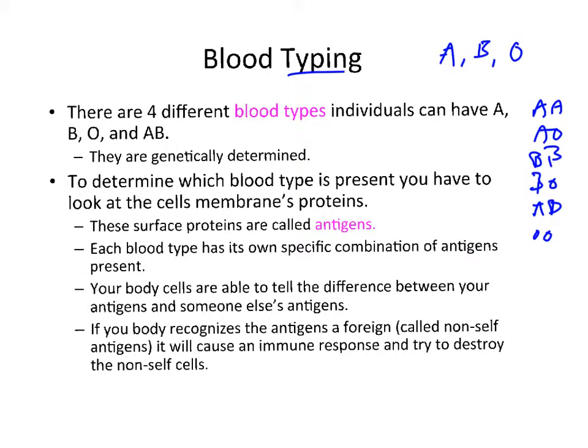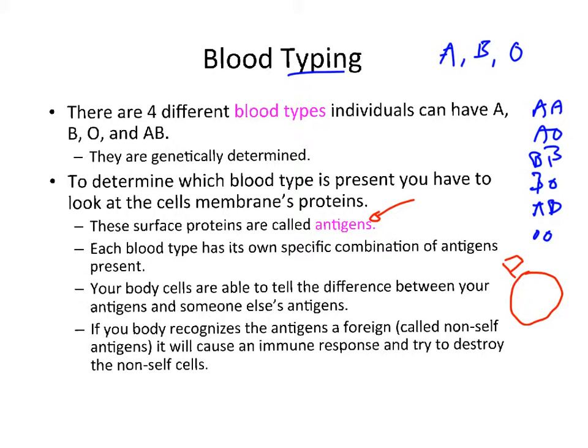In order to test for this, remember, we did this testing in our genetic lab. We did simulated blood typing by looking for antibody binding, and this is using an antibody-antigen binding type. And so each blood cell on the surface has these little flags, I like to call them, and they identify the cell type.